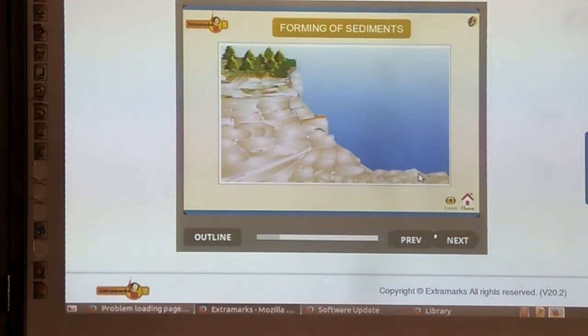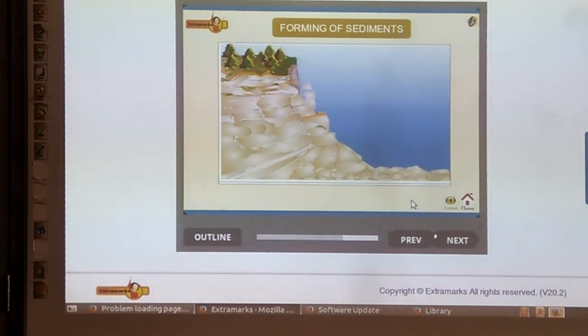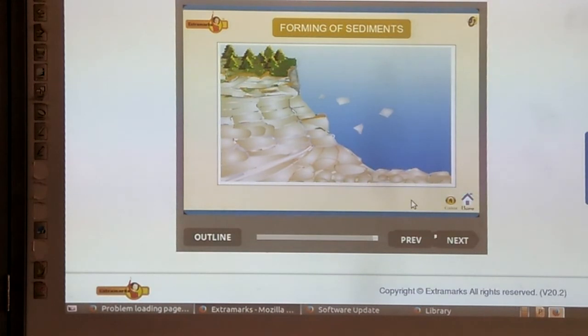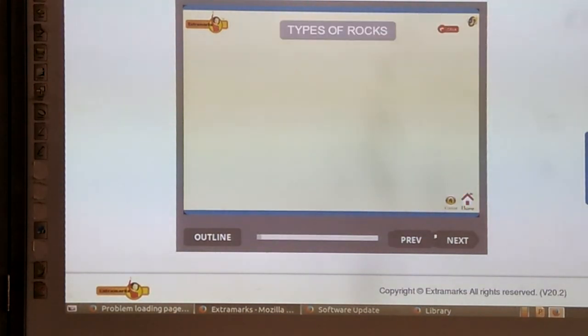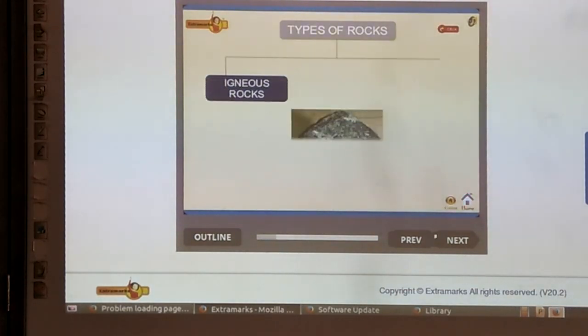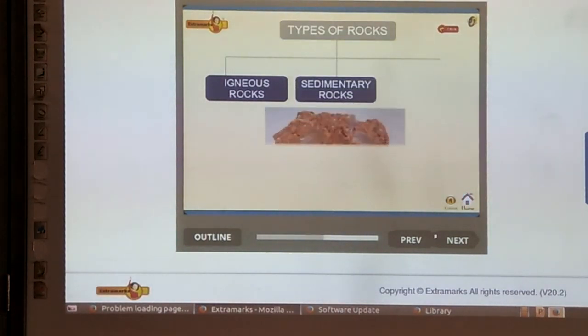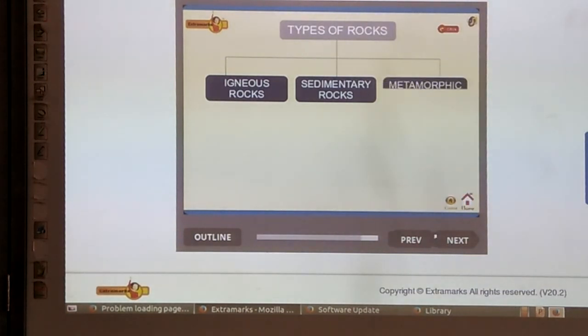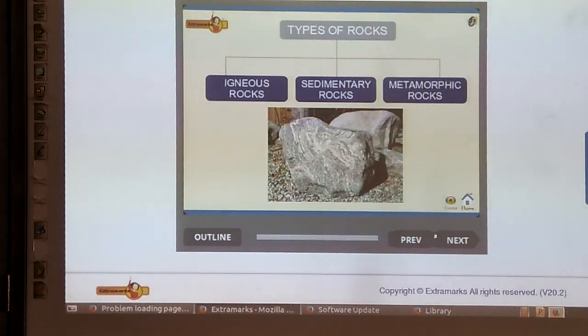Look at the process of forming of sediments through this sequence of pictures. Let us now discuss the various types of rocks. There are mainly 3 types of rocks: igneous rocks, sedimentary rocks, and metamorphic rocks. We'll learn about them in detail, one by one.